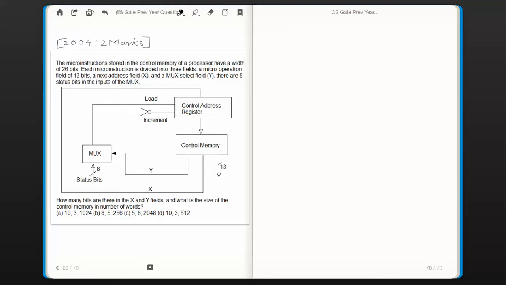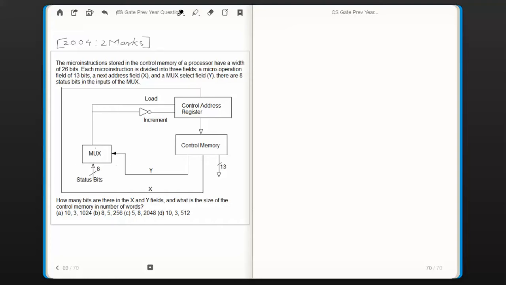Now let us first study this diagram. Here we have this control memory, and it contains several words, several micro instructions, and each word is of width 26 bits. Each word contains a Y field, and this Y field is applied to the mux as select lines.